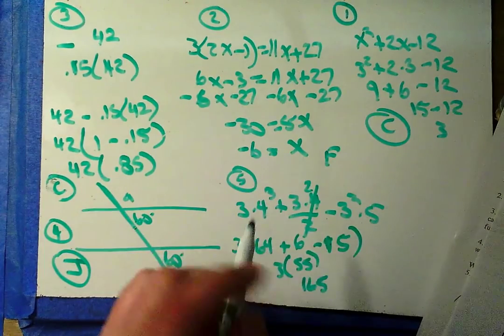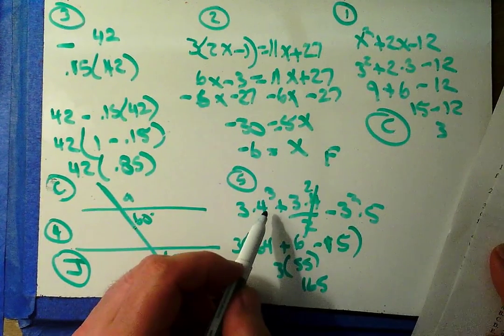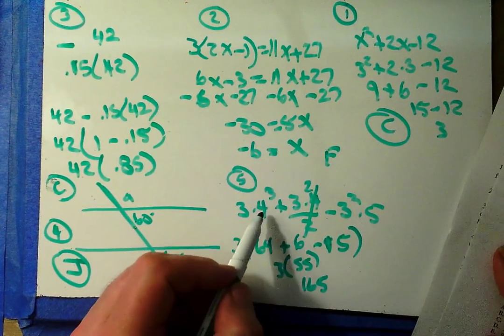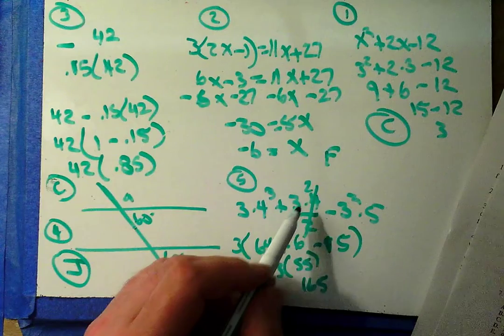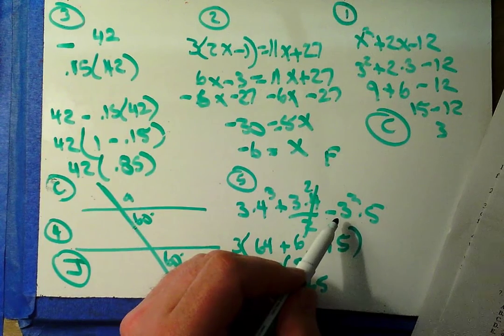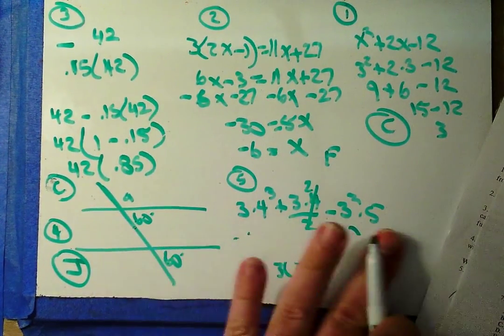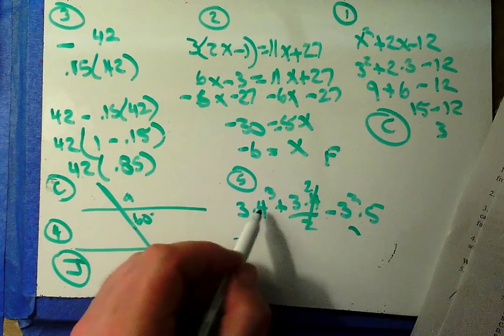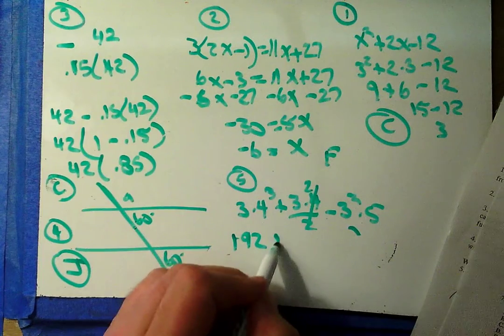All right, let's go back to the beginning and do it carefully. 3 for x, 4 to the third is 64, plus 3 times 4 over 2 minus 3 squared times 5. So we've got 64 times 3, which is 192.